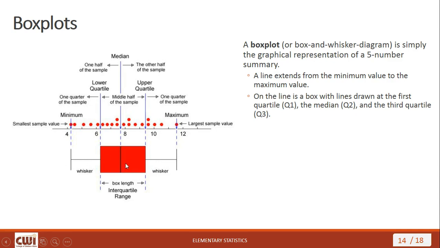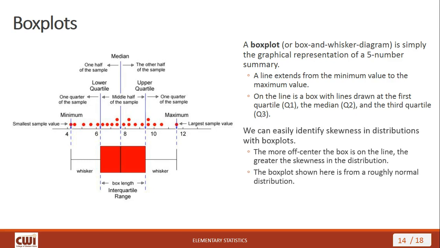Depending upon where these lines are with respect to each other, we can get a graphical view of the data set and how it's distributed. This allows us to identify properties such as skewness with great ease, because a skewed data set will mean that this box and the line in the middle representing the median will be shifted to one side or the other.